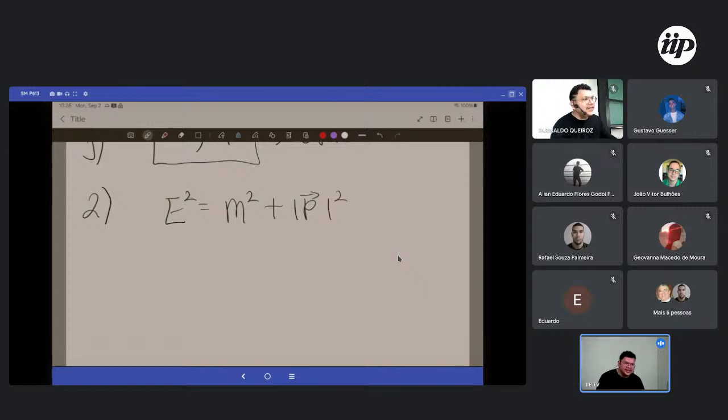This is the Einstein equation that we can use to identify particles. We are going to see this in other lectures.